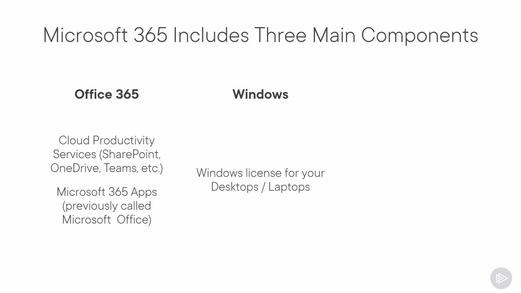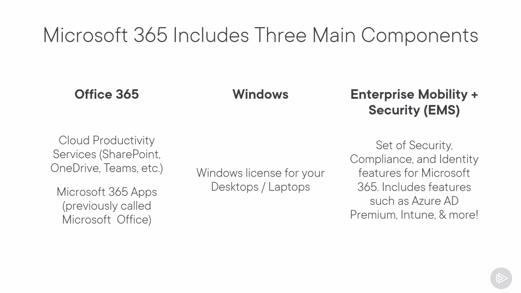Microsoft 365 also includes Windows licenses for your desktops or laptops for your users, and finally, the Enterprise Mobility and Security Suite, which is a set of security, compliance, and identity features to protect your data. So those are the three main products inside Microsoft 365.